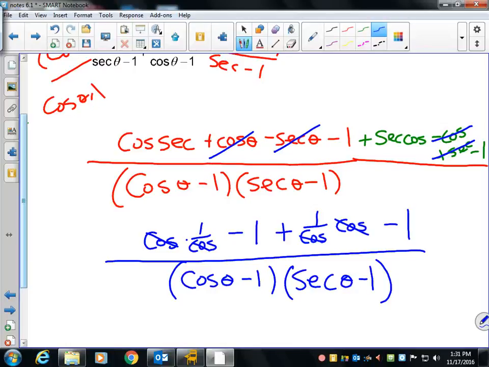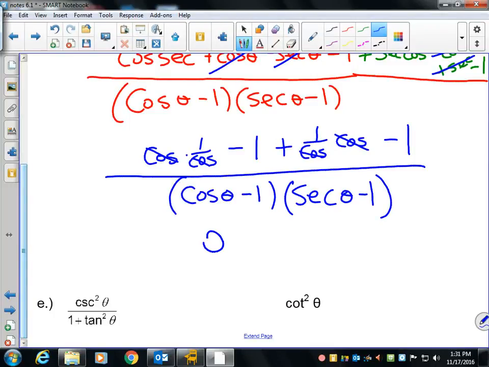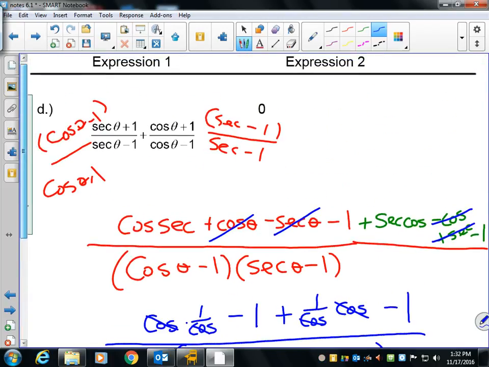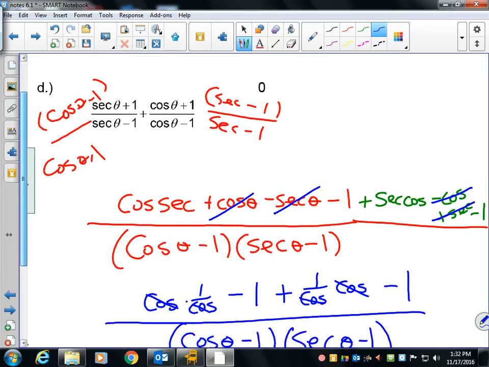And we get 0 over a denominator. 0 over cos theta minus 1 times secant theta minus 1. 0 over anything is 0. It's okay, right? 0 over a constant, it's okay. So that means it's equal to 0, and we kind of proved that the one side is equal to the other side, and the other side was 0, right?